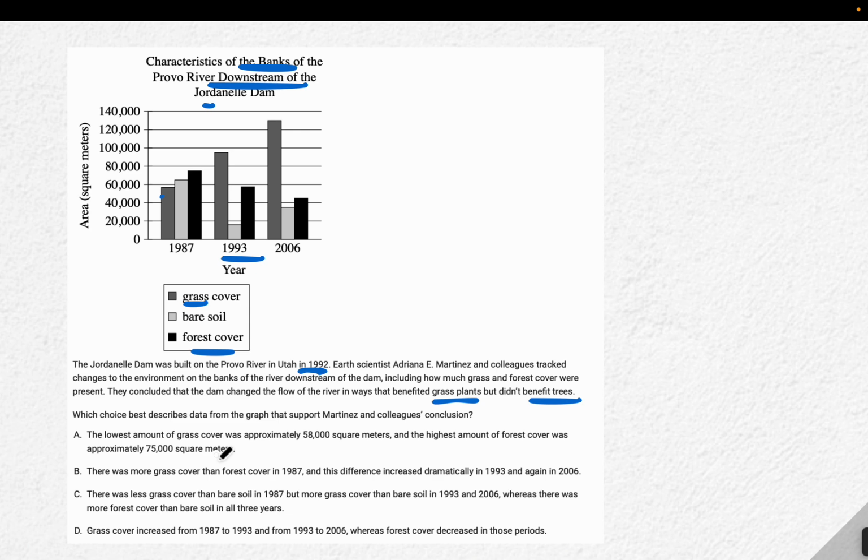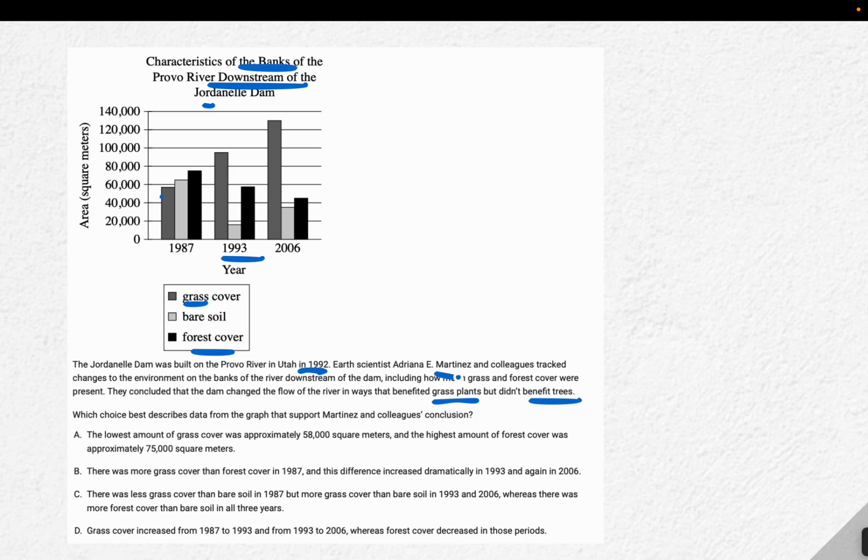So to conclude, the data supports the colleagues' and Martinez's conclusion that the dam is beneficial for grass plants but not for the trees.